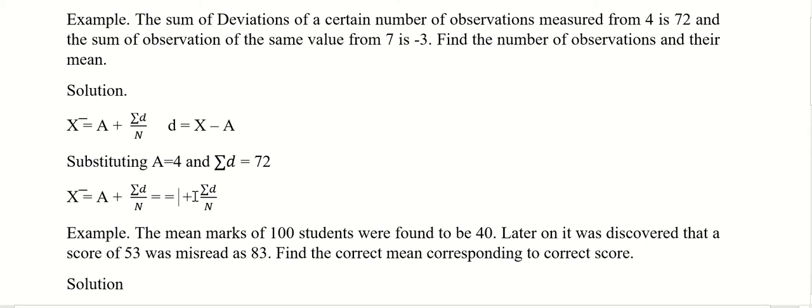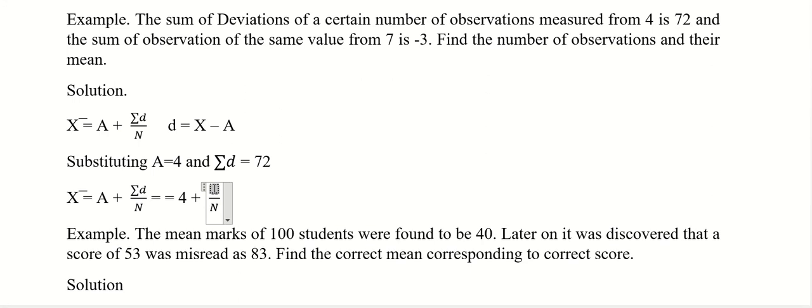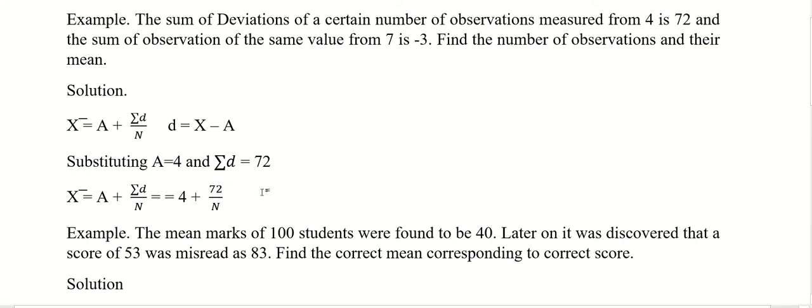Here A is 4, the sum of deviation is 72, and n is not given to us, that we have to calculate, right? So this is our equation 1.